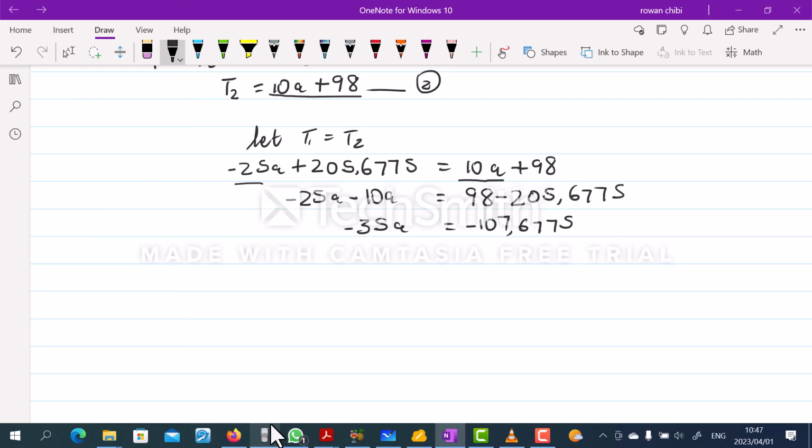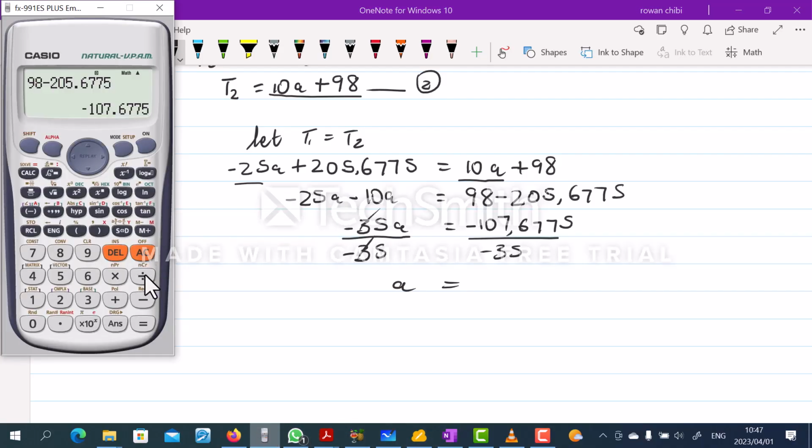So you can see now we have a negative 35a on the one side, negative 107.6775 on the other. So we divide now by negative 35. We divide that side by negative 35. Then we find a, these two cancel. Then let's divide the other side by negative 35.